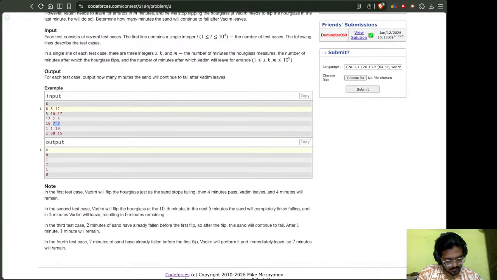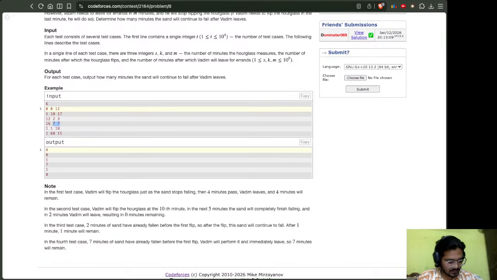We can divide 12 by 8 and we have 1, and the mod or the remainder is 4. 1 is odd, that means it's not reversing. So odd means capacity is k, so k minus whatever the mod was, 4. This works. First one works.